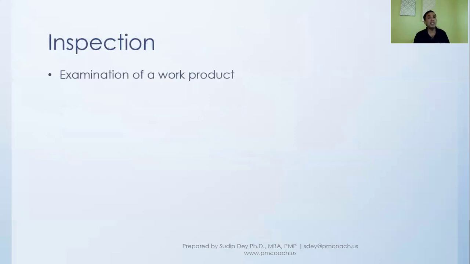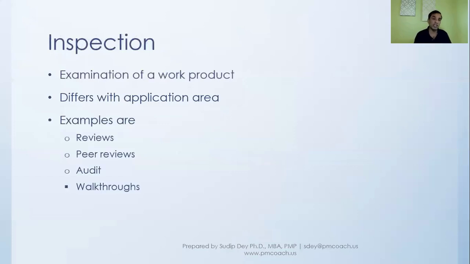One is inspection. Inspection is really about examination of the work product. And again, as we said, it will differ application area by application area. But some of the ways we do inspections are reviews or peer reviews. For example, we have done the work and someone in another group reviews it, and then there can be audits.